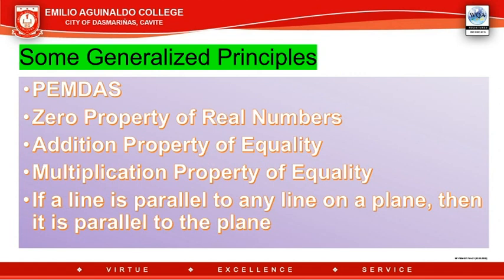We also have different properties like the zero property of real numbers, the addition property of equality, the multiplication property of equality, and other examples, like if a line is parallel to any line on the plane, then it is parallel to the plane. Again, these are some of the generalized principles in deductive reasoning. We can have lots of other examples out there.